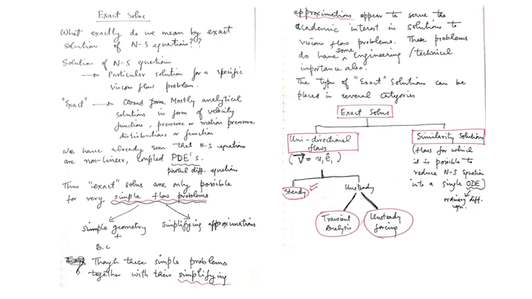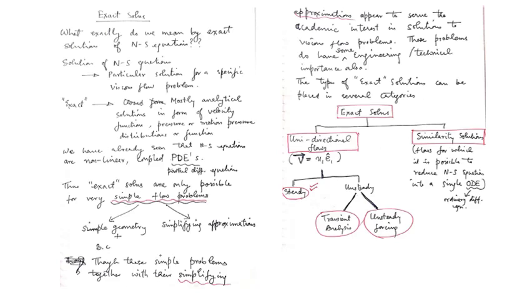Right. So we begin with the exact solutions. What do we mean by an exact solution of Navier-Stokes equations? Let us try to understand that first. A solution of Navier-Stokes equation is a particular solution for a specific viscous flow problem.